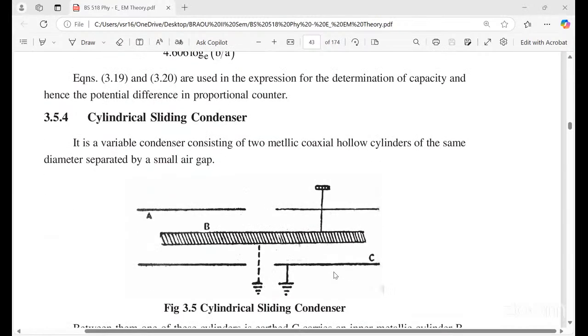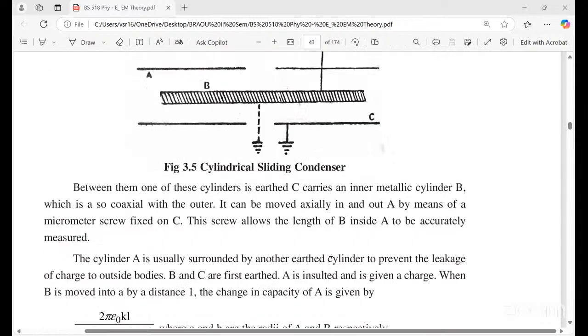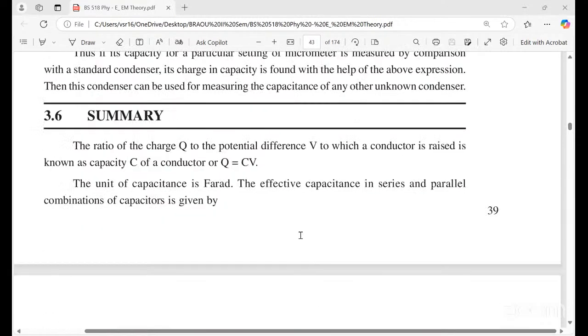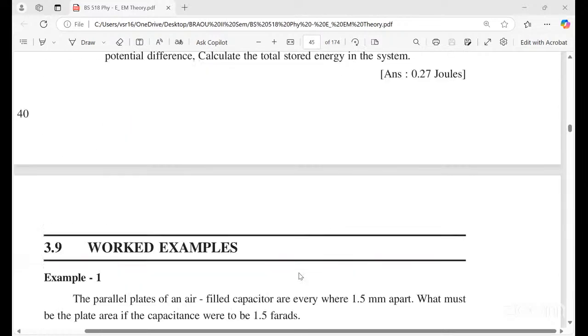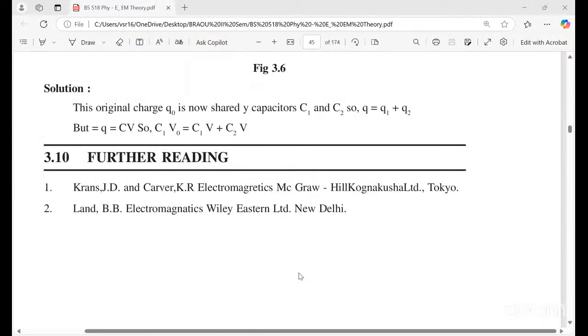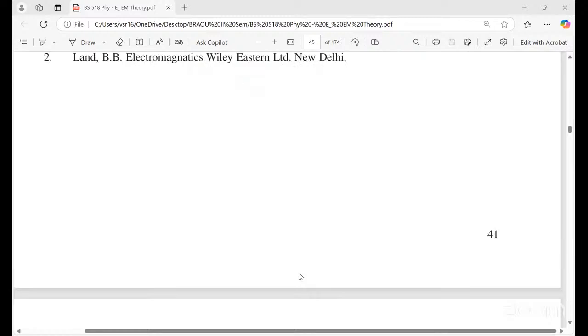Next is the cylindrical sliding condenser. Sliding one into the other. These questions are asked many times. You can go through this.